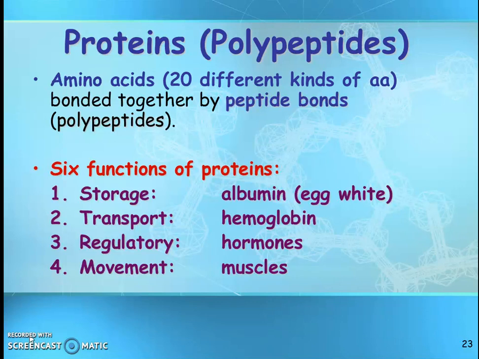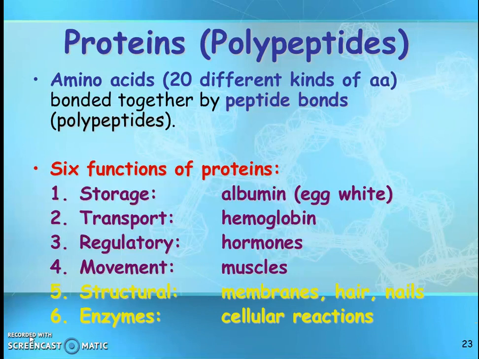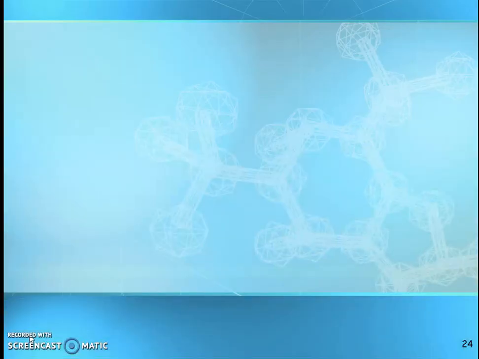Movement: muscles are one example of proteins. Structural: they are structural parts of your body like membranes, hair, and nails. And enzymes, which are substances that help in chemical reactions and cellular reactions.